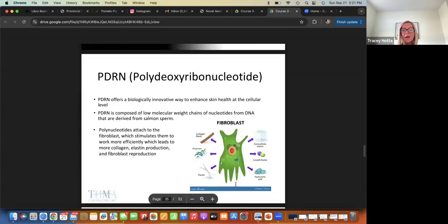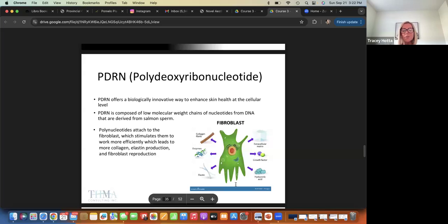Something else we have to add to some of our treatments would be things like PDRN. It offers a biologically innovative way to enhance skin health at the cellular level. PDRN is composed of low molecular weight chains of nucleotides from DNA that are derived from salmon sperm.